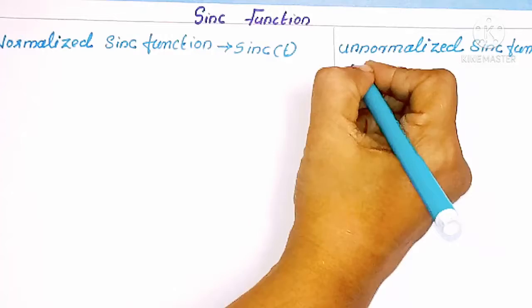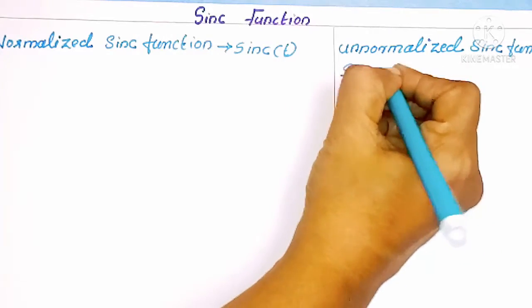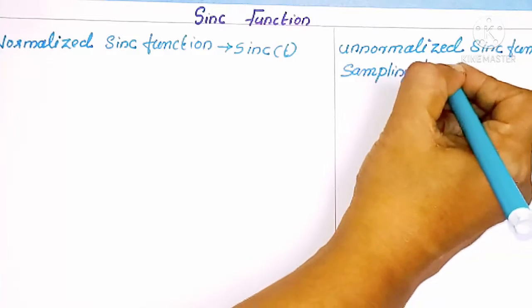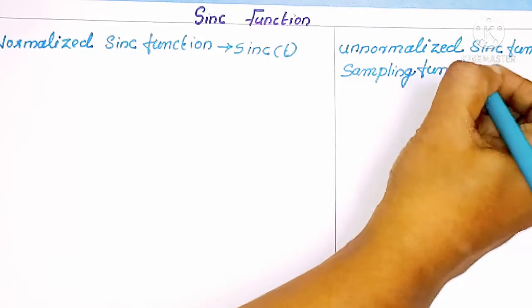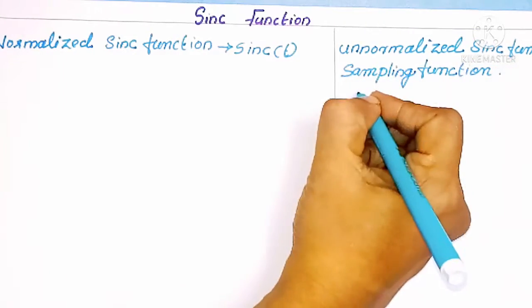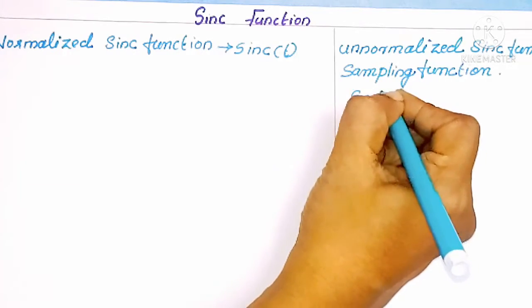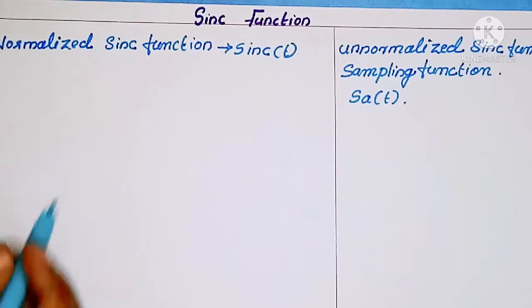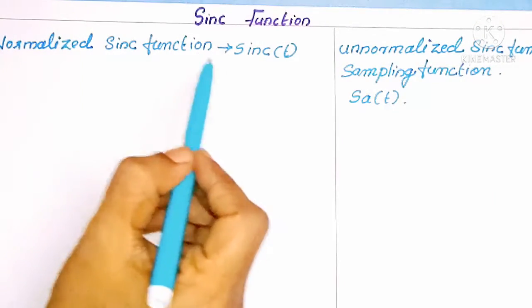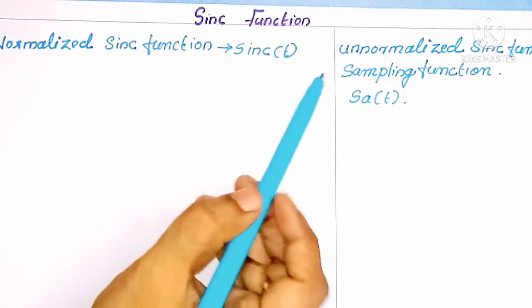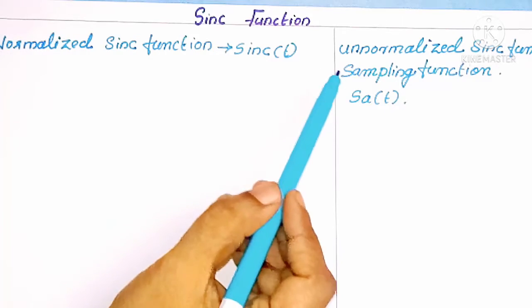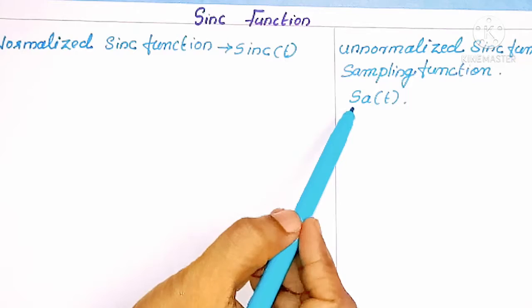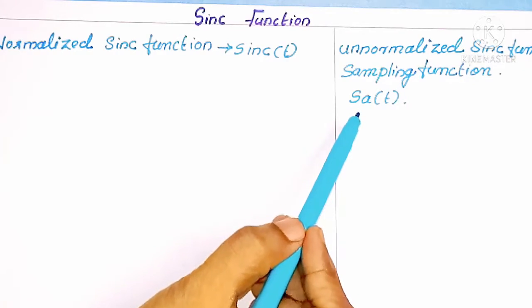It is also known as the sampling function. It is denoted by SA of t.